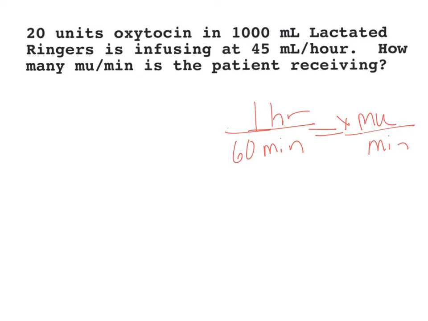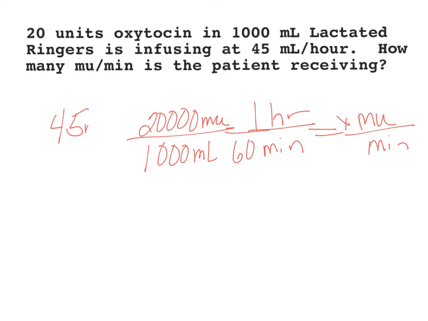Well, we know that 20 units is 20,000 millunits, so let's get our 20,000 MUs up top. And we have our 1,000 mLs on the bottom, okay? And we are at 45 mLs per hour, so we want to get rid of the mLs anyway, so let's keep our hour here, okay.